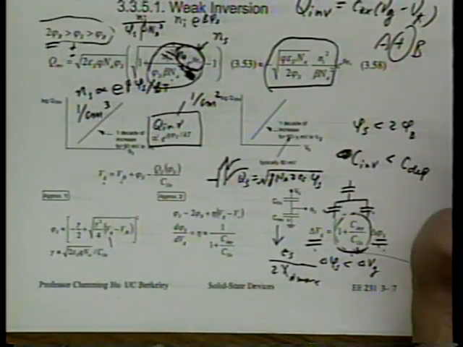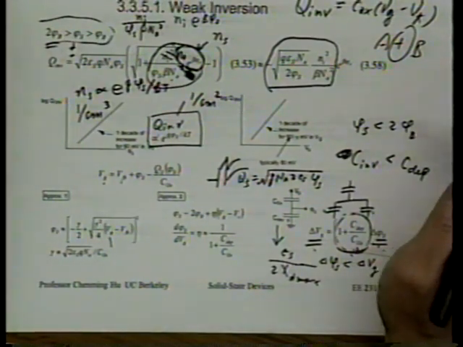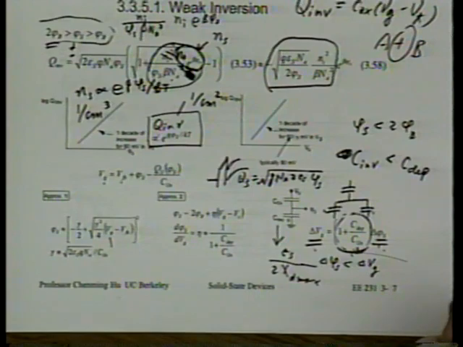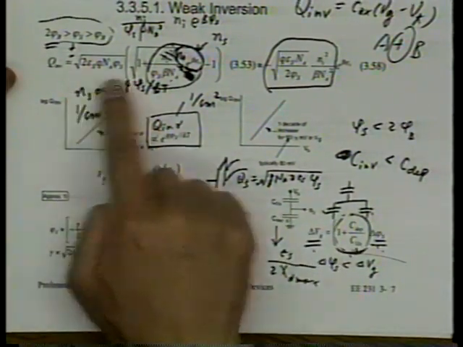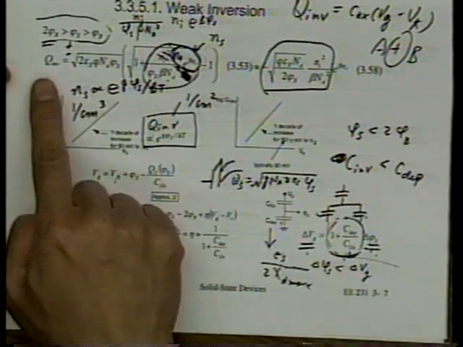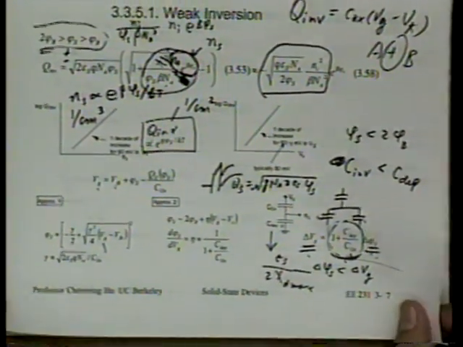We only have A or B on the whole side of this kind. Let's not worry too much about it, and let's focus on the more difficult question. So for example, I pull this minus out of my head here, because I know eventually, if I'm dealing with a p-type substrate as example, Q inversion is negative. That's easy to know. I don't have to memorize any sign or figure out any sign. Yeah? Okay, it's very easy to know that.